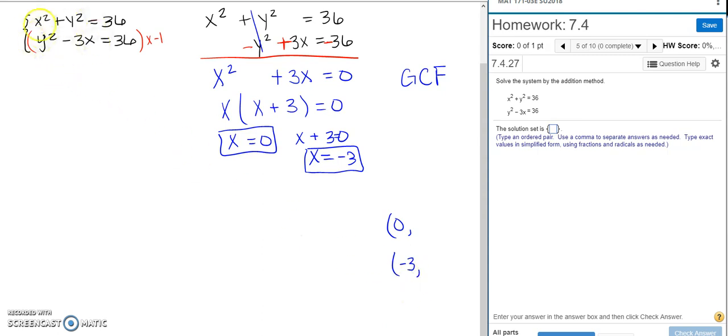To get the y values, again, I just need to plug back into any of these. So let me use maybe the second equation. Y squared, I'll go ahead and add that 3x over. 3 times x plus 36.